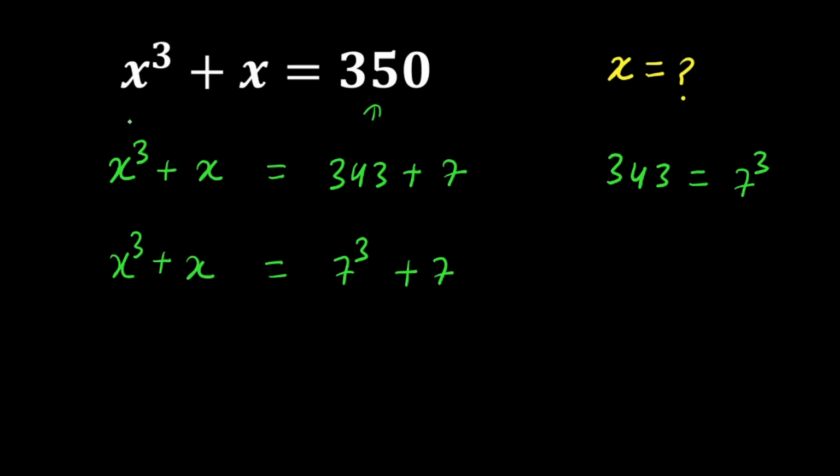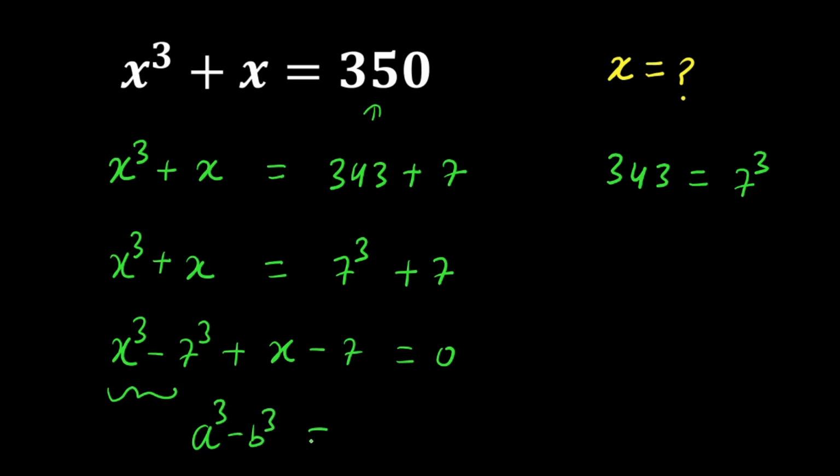So we have three solutions. Now if we take all the expression on the same side, then x cube minus 7 cube plus x minus 7 is equals to 0. This is the difference between two cubes, and we know that a cube minus b cube is equals to a minus b times a square plus a times b plus b square.